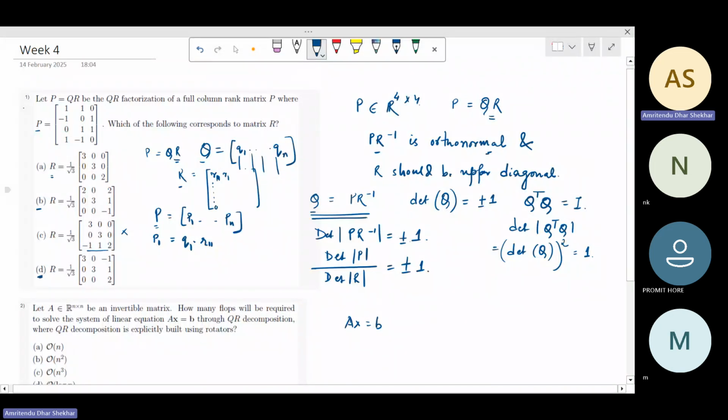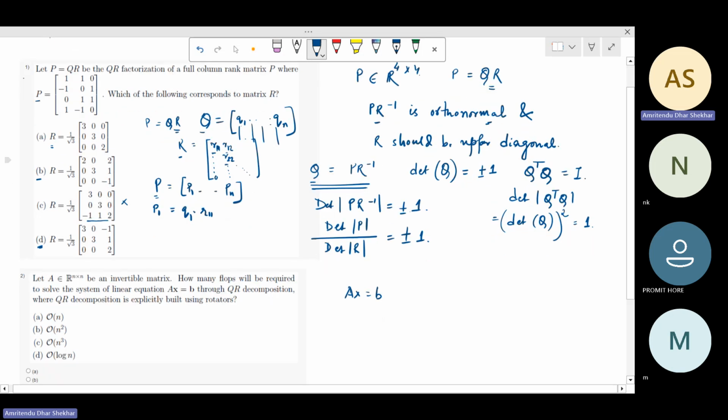Then this is R12, R22, and these guys are going to be zero. So you have to basically solve for each of these variables, and you also have to solve for the matrix Q.